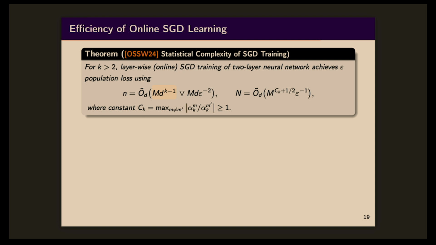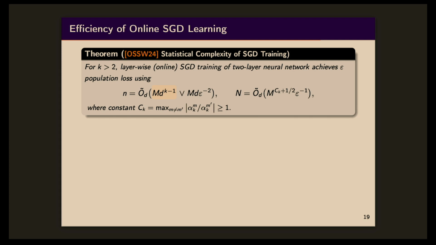The theorem states that if I have a two-layer neural network that's wide enough, in the sense that the width needs to depend on M, where N is the width of the student network and M is the width of the target function, then this is the number of samples you need to achieve epsilon generalization error.